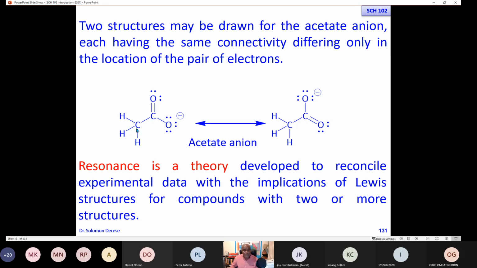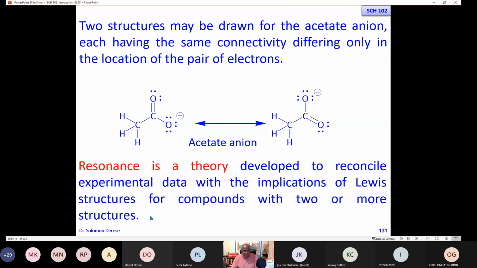So now, to reconcile this theoretical observation, as seen by the Lewis structure, and the experimental observation, a theory is developed. This theory is called resonance. Resonance is a theory developed to reconcile experimental data with implications of Lewis structures for compounds with two or more structures.